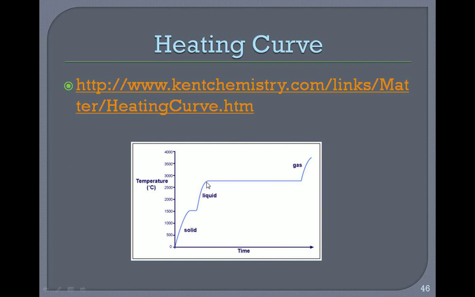For example, this is not liquid water, this is some other substance, and this is a heating curve, and typical heating curves have 3 positive sloped parts and 2 flat lines, so to speak.